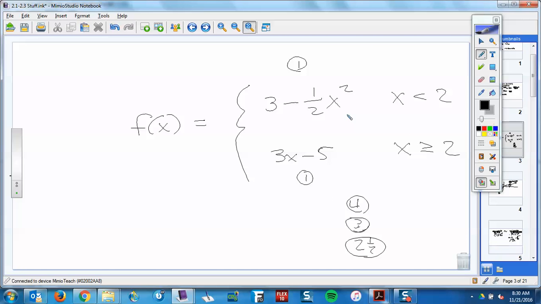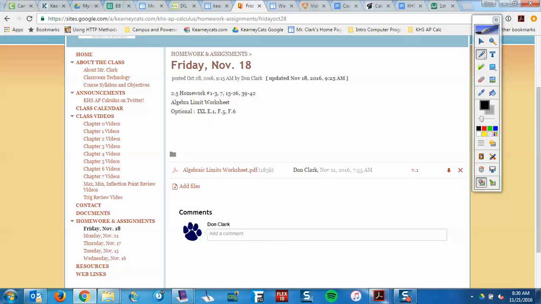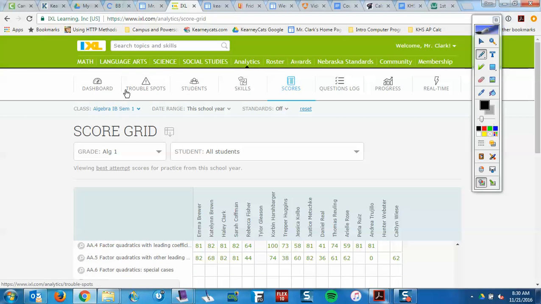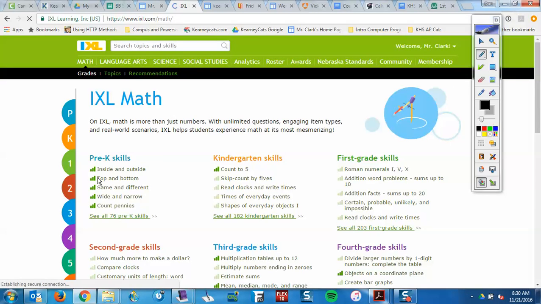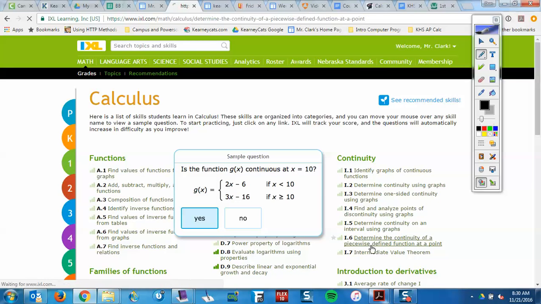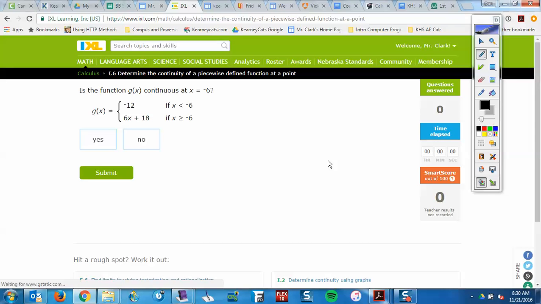But matter of fact, I have an optional IXL one we can do where it's this exact same thing. Matter of fact, let me show you that right now. So if I go onto this IXL section right here on continuity, I got a couple of them that you don't need to do, but right down here it says determine the continuity of a piecewise function, and we're going to talk about continuity here in a minute.